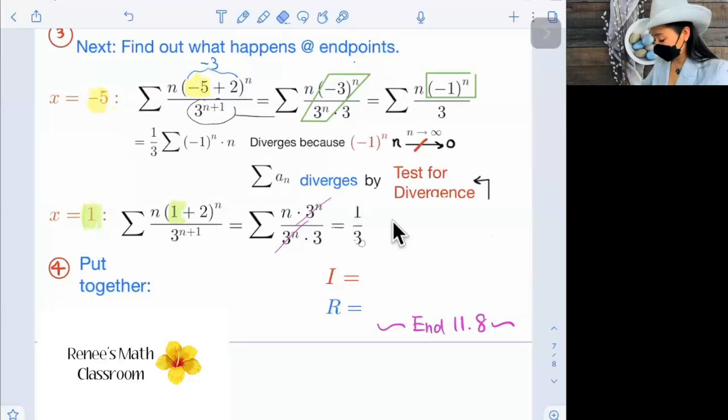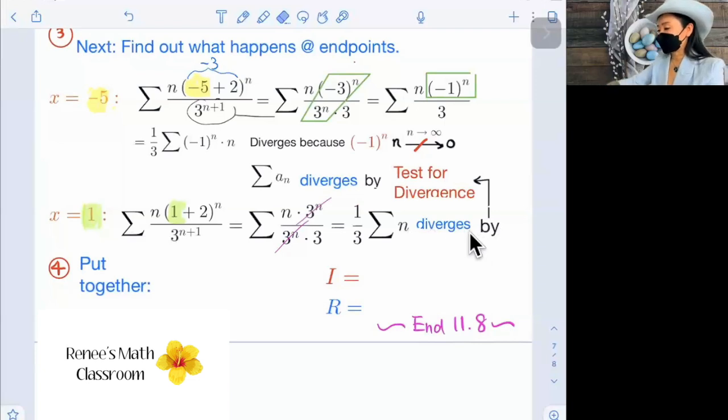Yeah, we can take the 1/3 in front. And then the series here is 1/3 times the series of n, right? Converge or diverge? What test? That's the test for divergence. The nth term doesn't go to 0, right? So by the test for divergence, the series also diverges.